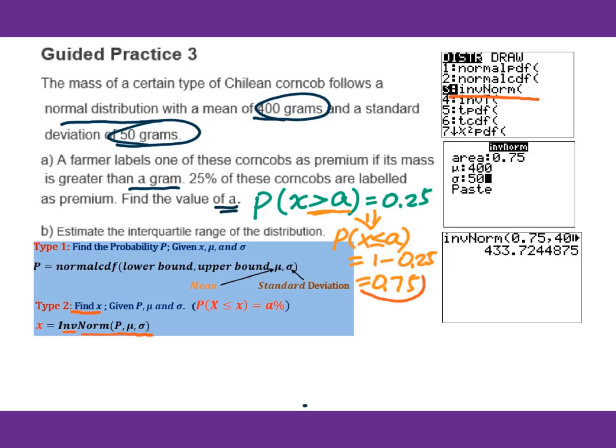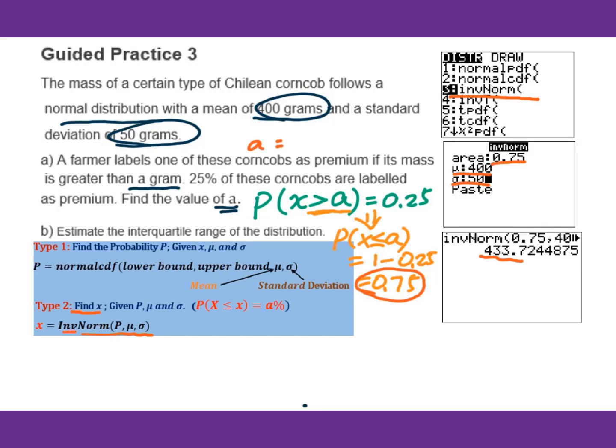Therefore, you need to put this 0.75 to the area. Area, basically, that's a probability. Then the mean is 400, standard deviation is 50. Your answer will be 433.72.